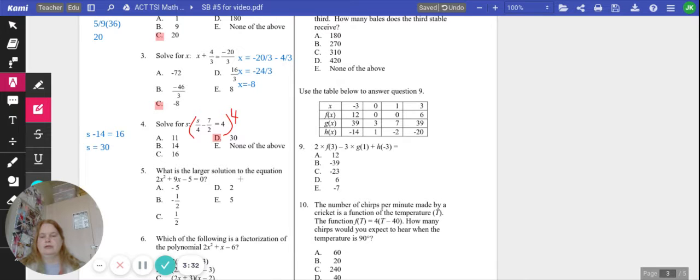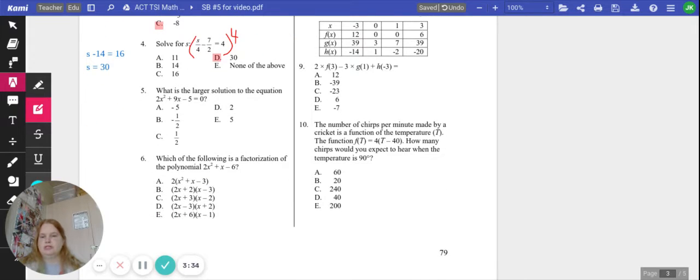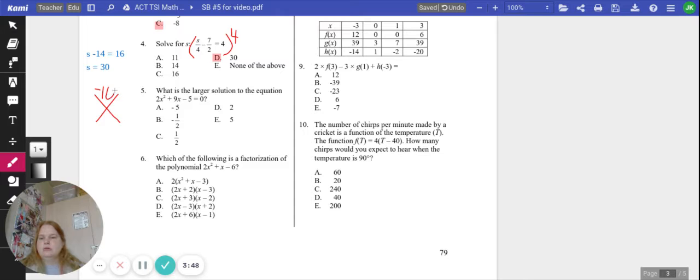All right, number 5. This one says, what's the larger solution to this? So I'm going to factor this. And you guys know I use the big X. So here's my big X. 2 times negative 5, A times C, that's negative 10 on top. B, which is 9, on bottom. Then I use my brain. What multiplies to give me negative 10 but adds to give me 9 is 10 and negative 1. Divide by A. A is the number in front of x squared, so divide both by 2.